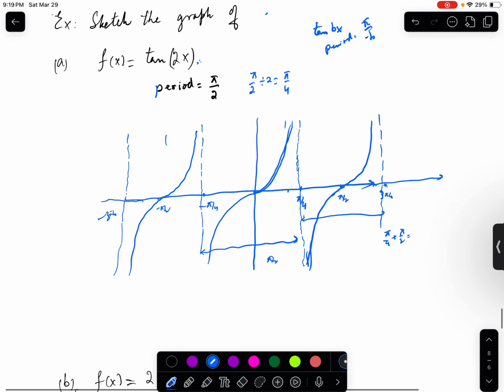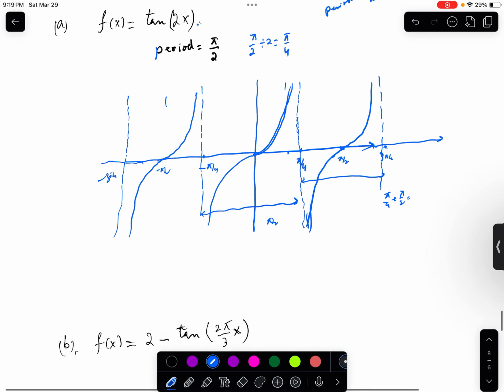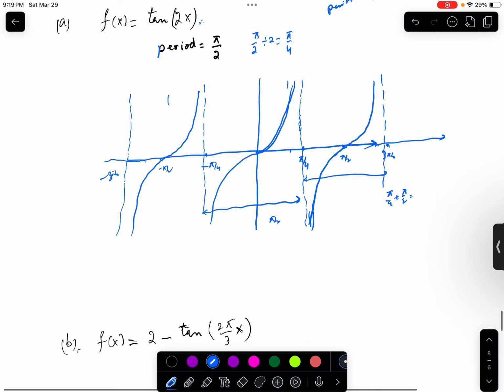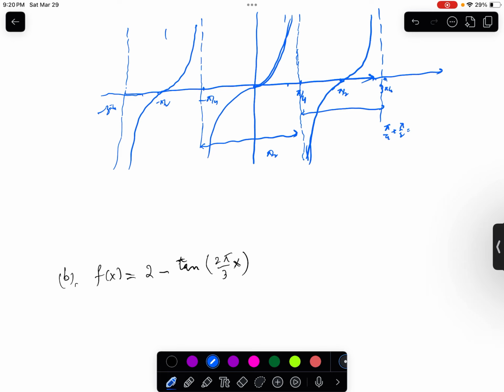Okay, let's look at this last example here. So here b is 2 pi over 3. So the period will be pi divided by 2 pi over 3.